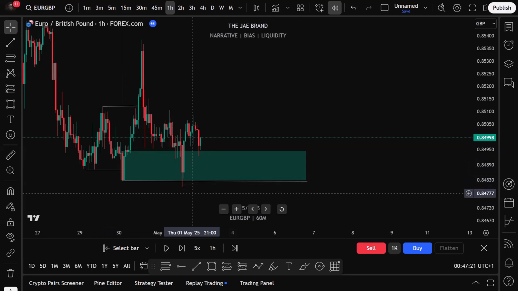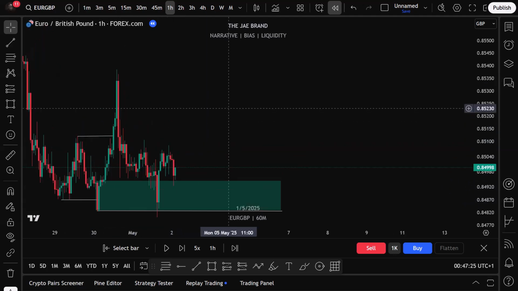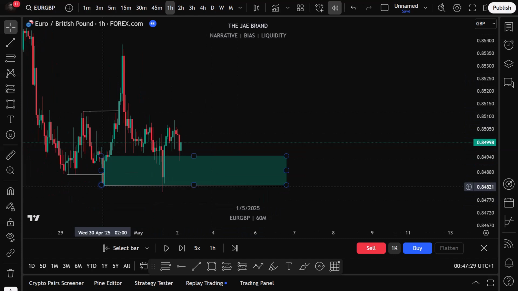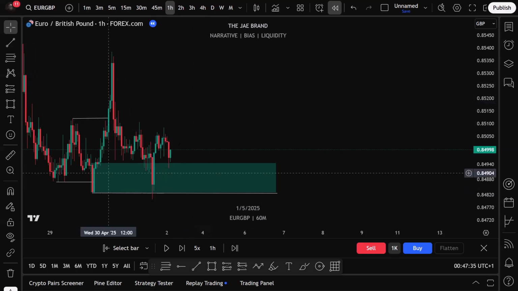And what are we going to expect? An expansion. Price is now going to use this inducement liquidity to expand in its original direction, probably reclaiming the failed order block, which price has just done. You see, price has reclaimed this failed order block and it will move to the upside.